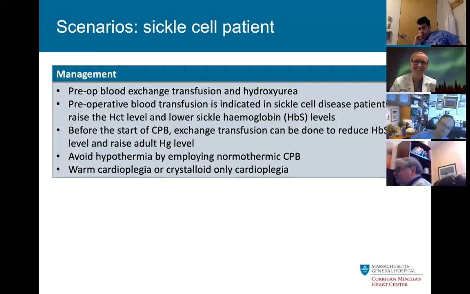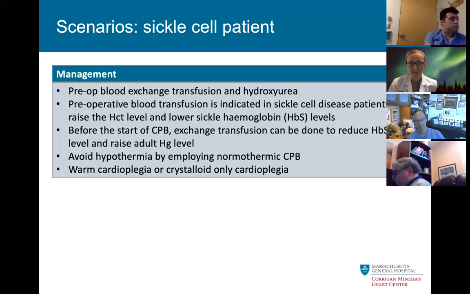Sounds good. The sickle cell patient is our second-to-last special population group. For these patients, you want to think about preoperative exchange transfusions, plus or minus hydroxyurea, and blood transfusions preoperatively to raise the hematocrit and lower the sickle hemoglobin levels.